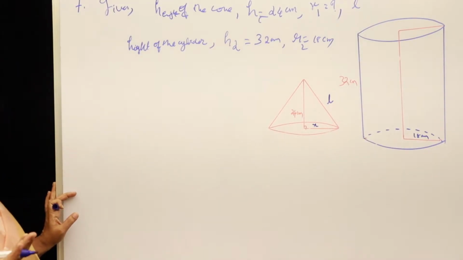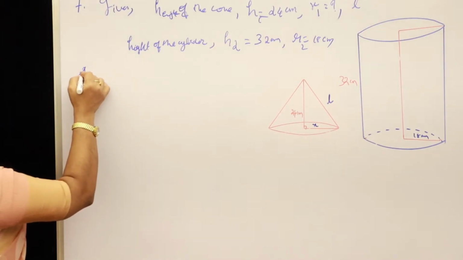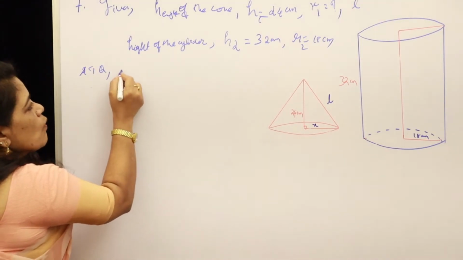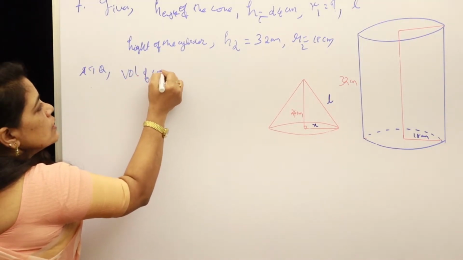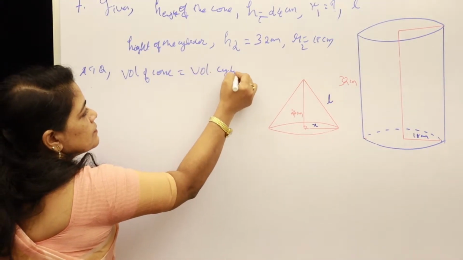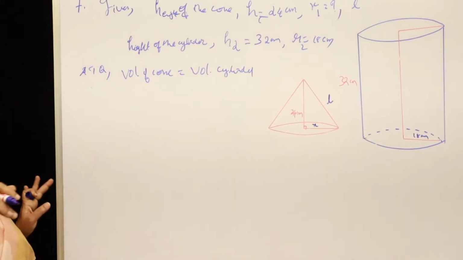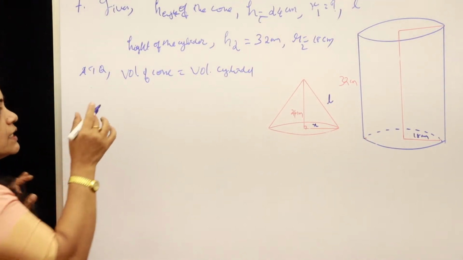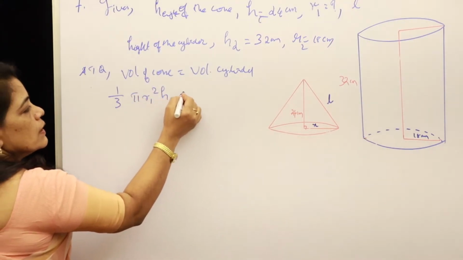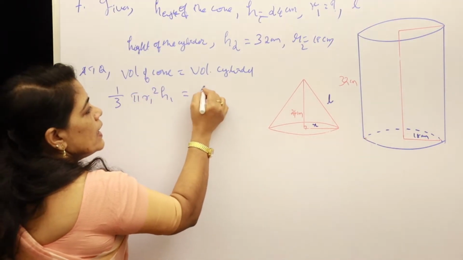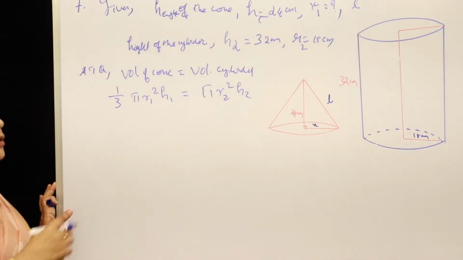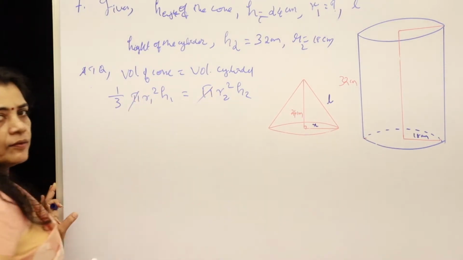So according to the question, what is the equation? Both have the same volume. We can equate: volume of cone equals volume of cylinder. Substituting the formula, 1 by 3 pi r1 square h1 equals pi r2 square h2. From both sides you can cancel pi.